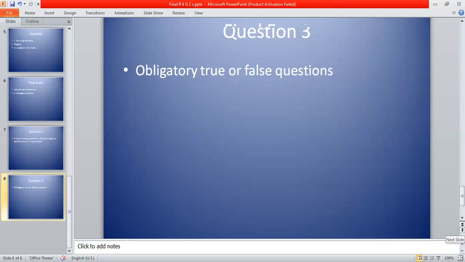Question 3, or part 3, in your final exam will be an obligatory section. It consists of many true or false questions. You are supposed to correct the mistakes in the false statements, but you are not supposed to give any justification for the true statements.